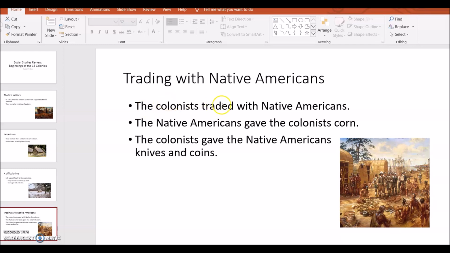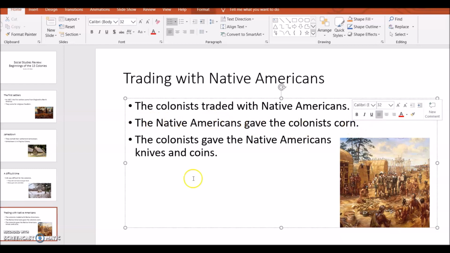So the colonists traded with Native Americans. The Native Americans gave the colonists corn. The colonists gave the Native Americans knives, you cut with a knife, and coins, like money, right? Metal money.